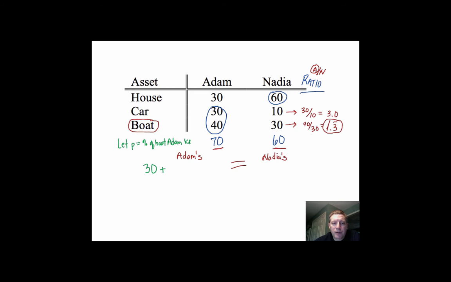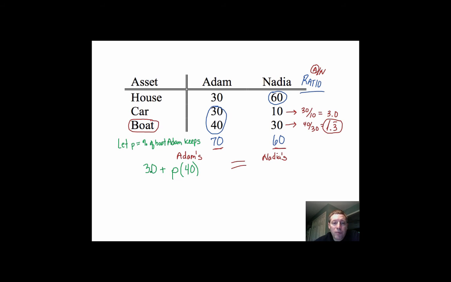All right, so now we're going to get all algebraic on us here. This is going to be very algebraic. So Adam has 30 points free and clear from the car, plus he's going to have a certain percentage of the boat. The boat was worth 40 points to him. So Adam's final total is going to be, I said that wrong.